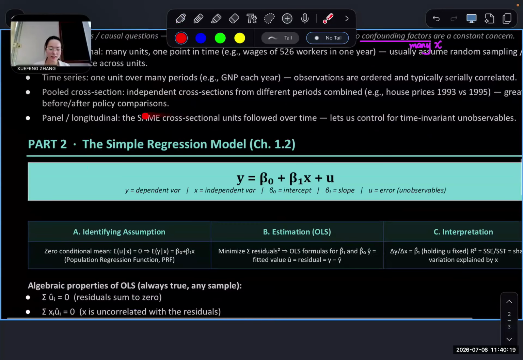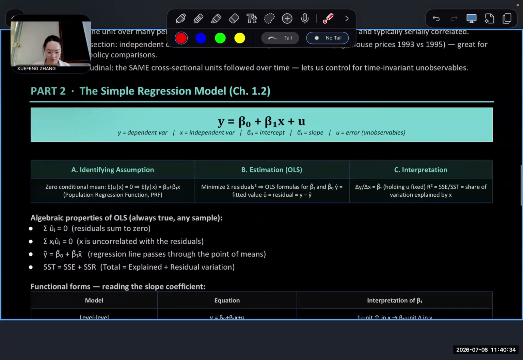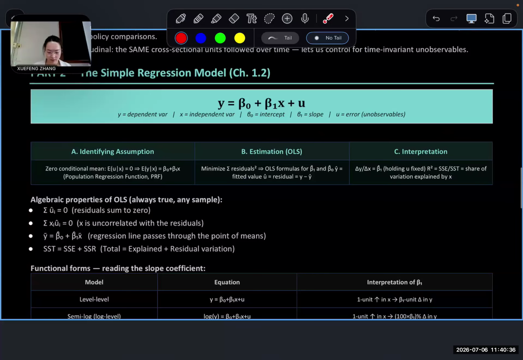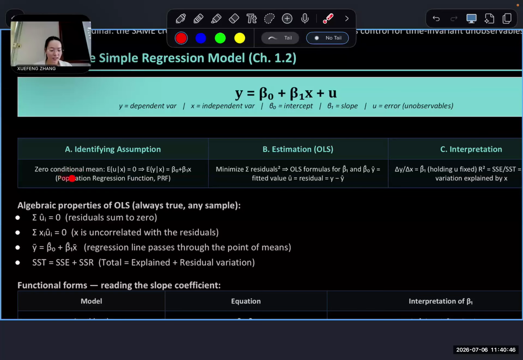And next one, the simple regression model we just finished. Here is the equation. Okay, what is y, what is x? Beta 0 means intercept, beta 1 means slope, u means error. And we need this assumption, zero conditional mean, right? This is very important. Because of this zero conditional mean, we're gonna see that the population regression mean is as follows, okay?